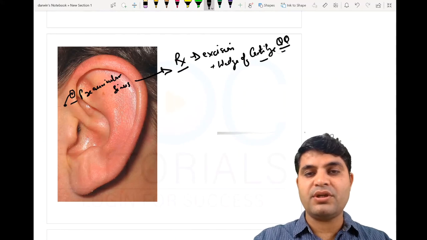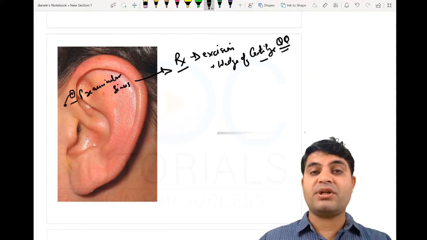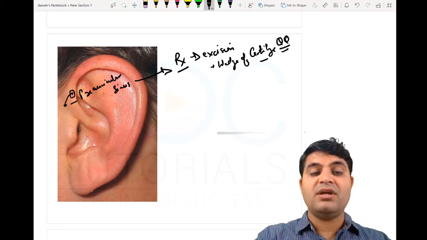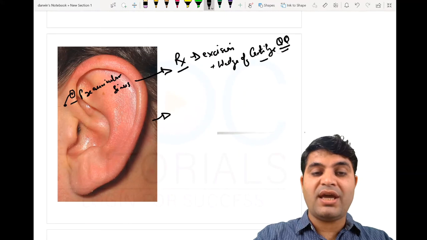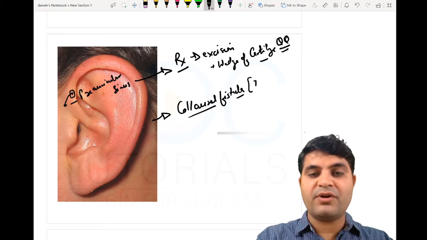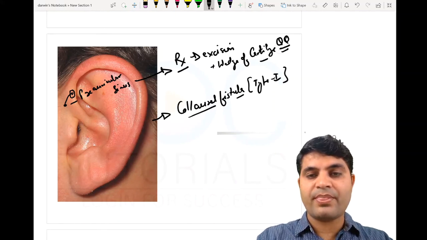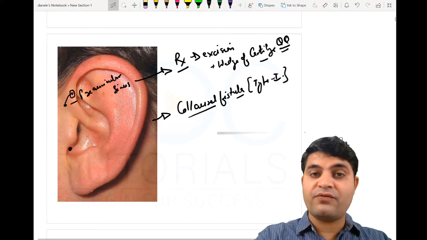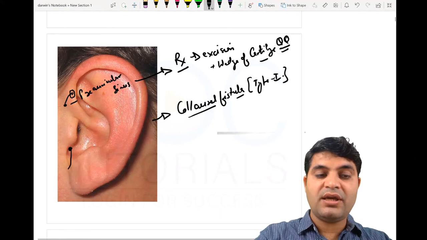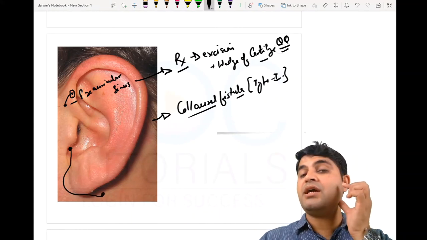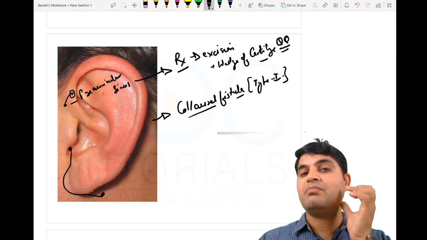Right question, important. Second important thing is type 1 branchial anomaly, which is known as coloral fistula. Here, if you see, the internal opening is at the floor of the external auditory canal, and the outside opening is in between the angle of mandible and mastoid tip.